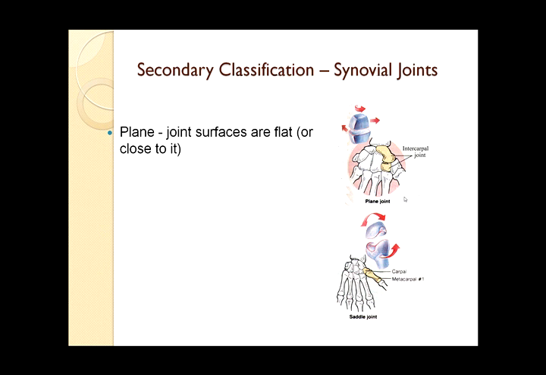Synovial plane joints, for example, the intercarpal joints of the hand or the intertarsal joints of the foot, are joints whereby the articular surfaces are flat or close to flat, and these permit small gliding movements.